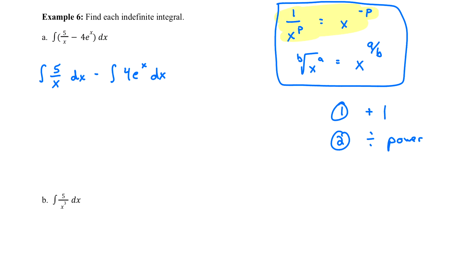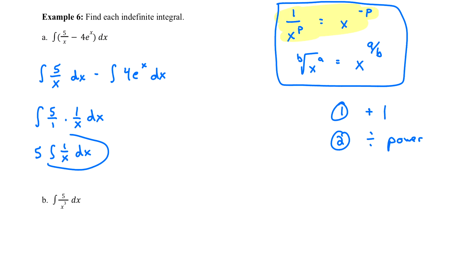To see where that's coming from, I would use the other property of indefinite integrals. If you have a constant multiple, which, if you have trouble seeing 5 as a constant multiple, we can rewrite that as 5 divided by 1 times 1 over x dx. Well, that's just 5 times the integral of 1 over x dx.